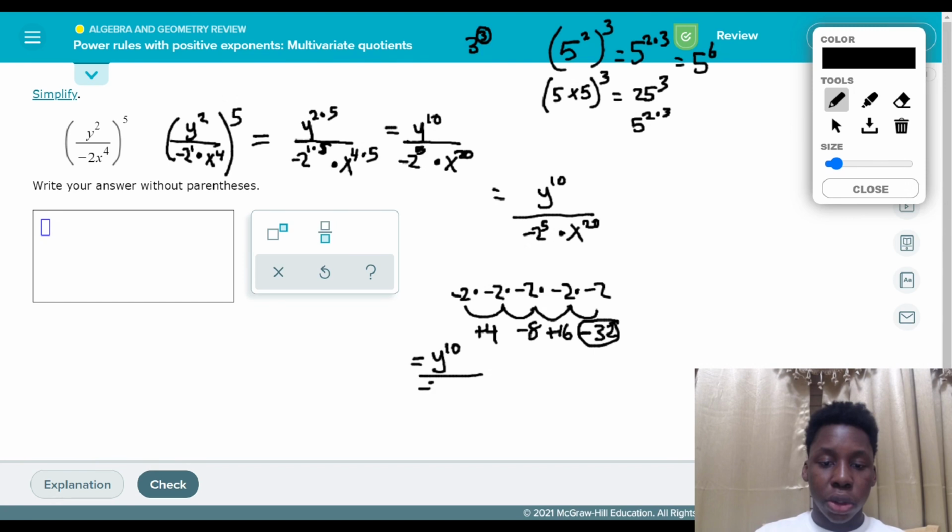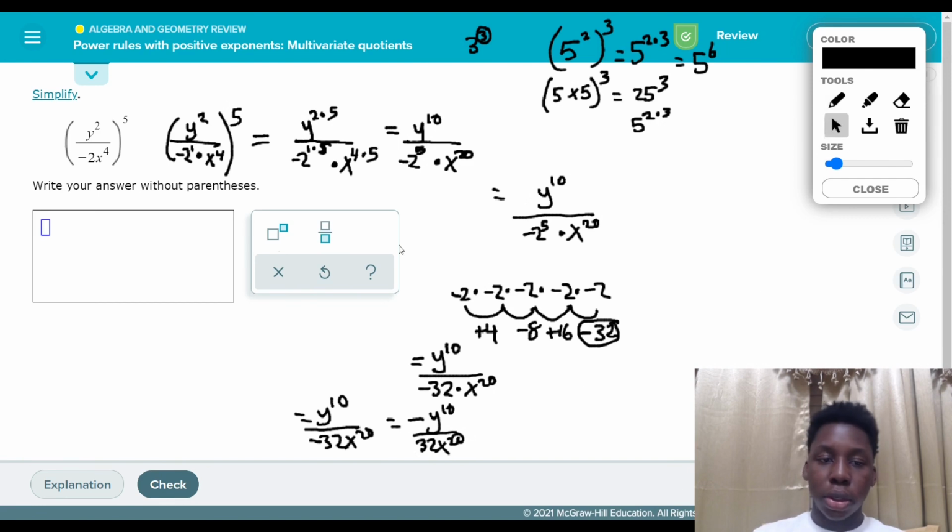So this becomes minus 32 times x to the power 20. Since this is the simplified form, we can just combine these two down here. So this equals y to the power 10 over minus 32x to the power 20. So we can put this as minus y to the power 10 divided by 32x to the power 20.